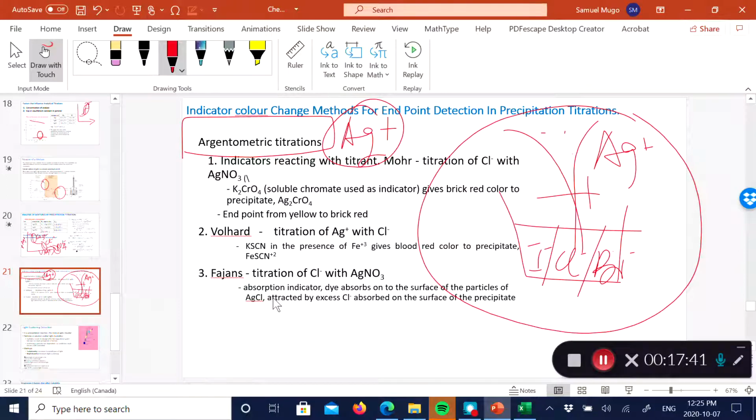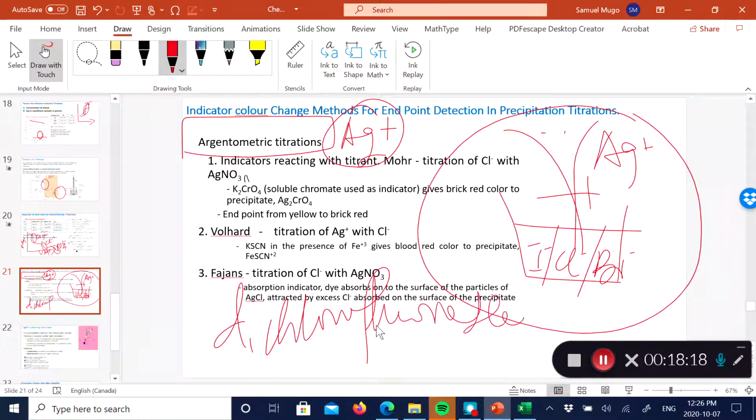We've got 3 types of argentometric titrations, based on the different types of indicators that they use. For example, you've got the Mohr type of argentometric titration, and in this case, we use chromate as an indicator. We have the Fajans type of argentometric titration, and in this case, you use dichlorofluorescein as an indicator.